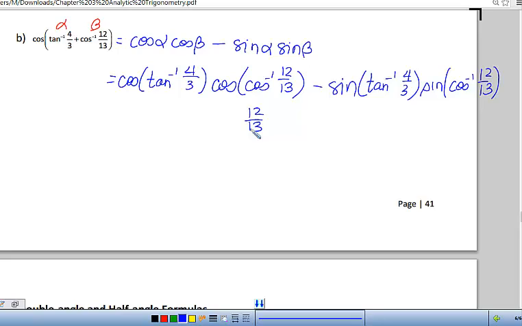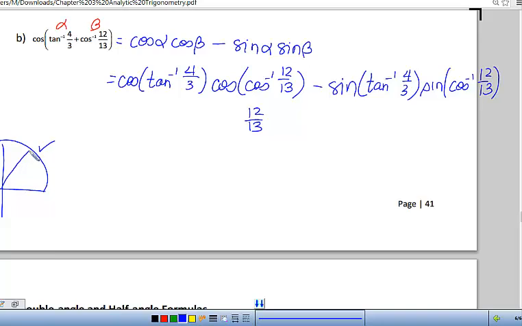So let's go ahead and start with cosine inverse first. Maybe it'll be a little easier since we work with cosine a little bit more. When I think about where this angle is located, it has to be in quadrant 1. Remember cosine inverse is defined from 0 to pi. If we're talking about 12/13, we're in this first quadrant.